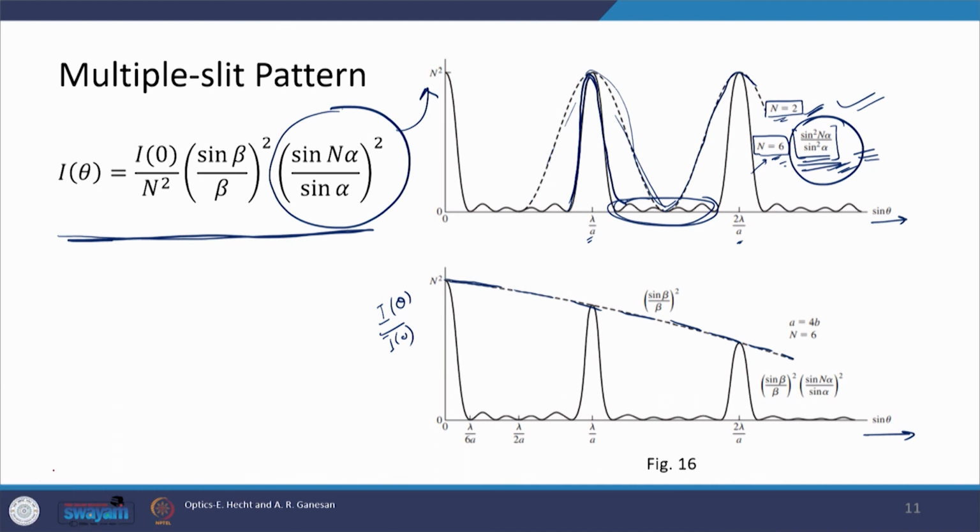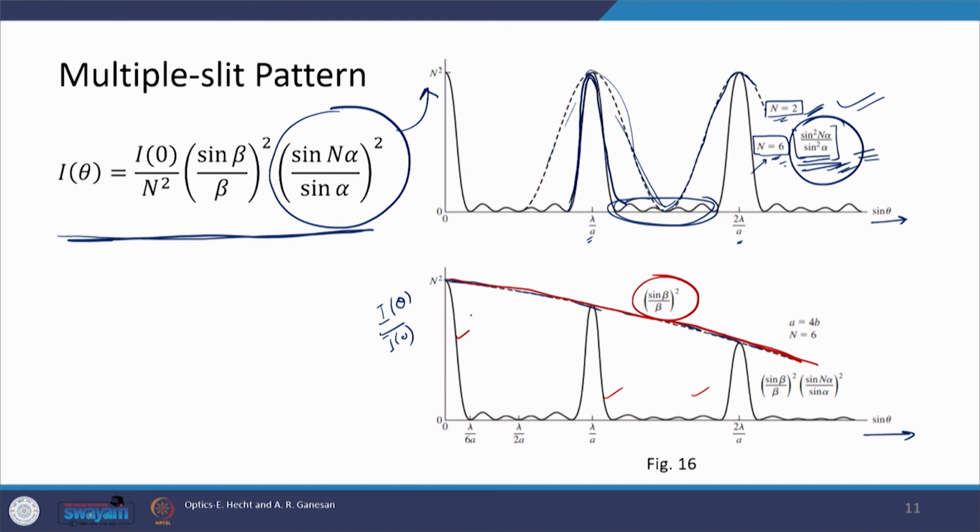This is the single slit diffraction, sin square beta by beta square. This single slit diffraction now envelops the underlying function sin n alpha upon sin alpha whole square. Therefore, the overall pattern would look like this.